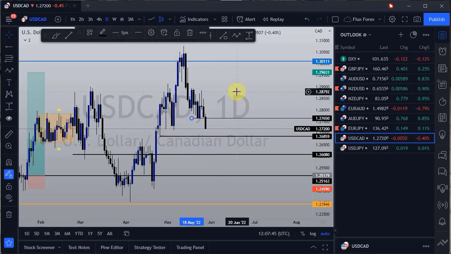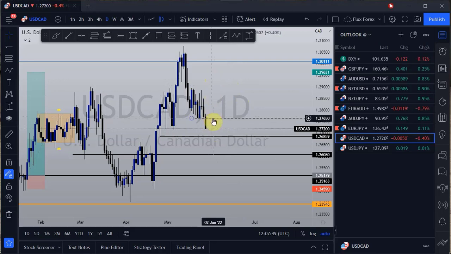So what we simply have to do is to wait for a retracement to this zone, and then we look for sell opportunities to this area. Yeah, so that is my expectation on USDCAD going into this week.